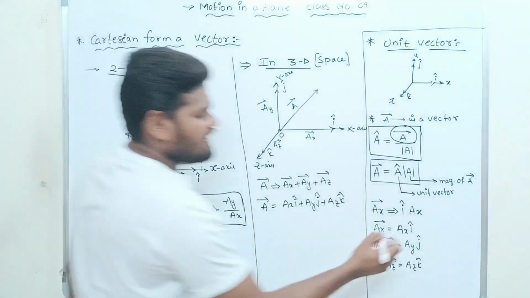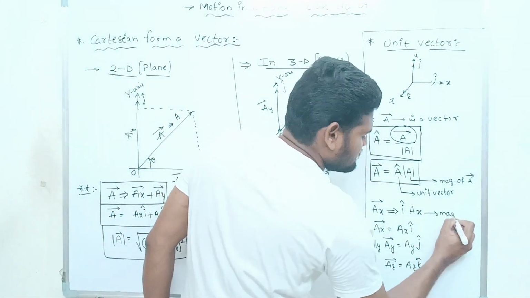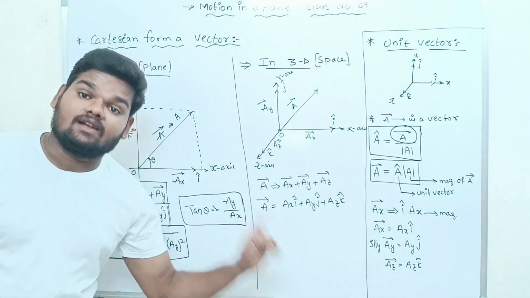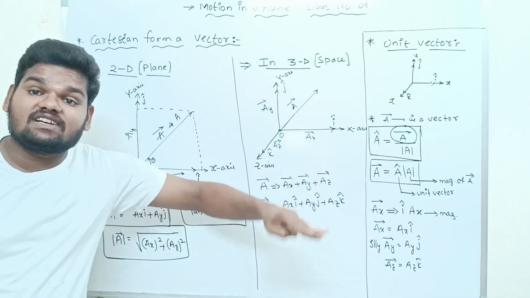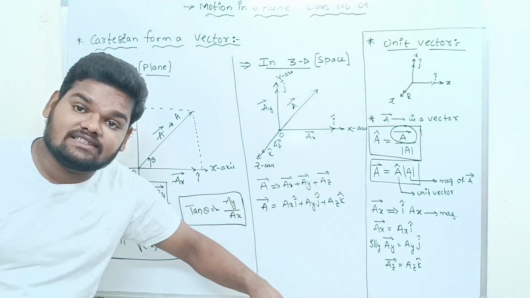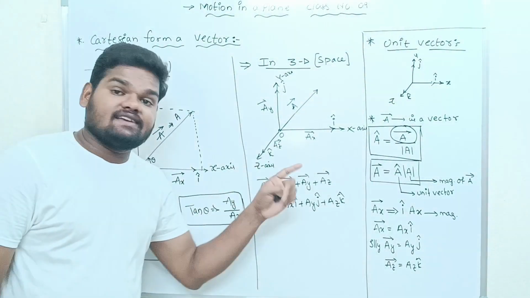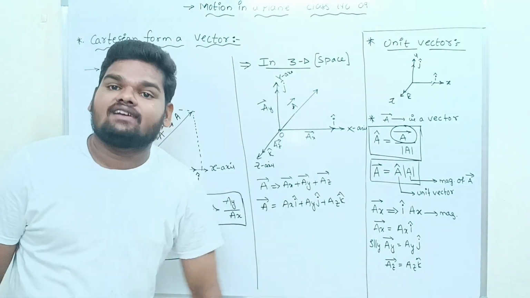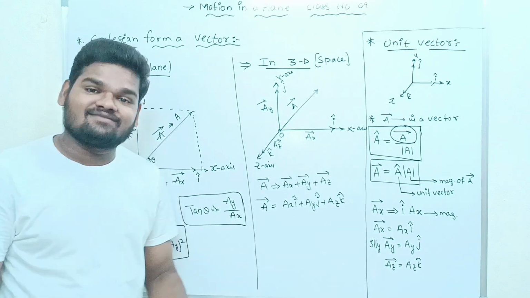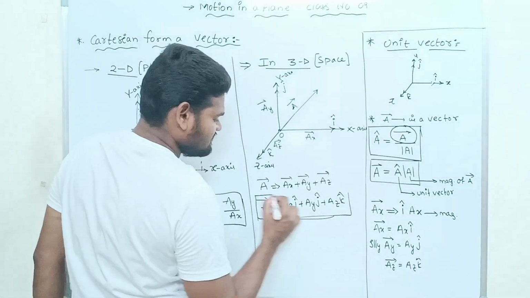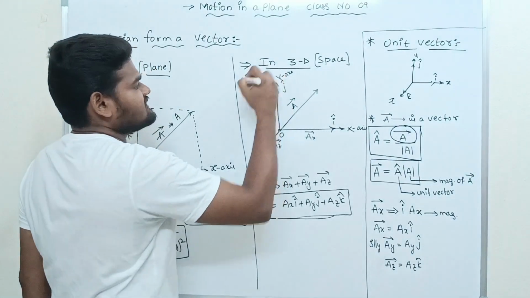What are ax, ay, az? These are the magnitudes of the ax bar, ay bar, az bar vectors. Ax bar is the projection of the a bar vector on the x-axis, ay bar is the projection on the y-axis, and az bar is the projection on the z-axis. Any problem? So this is the a bar vector in a given space.